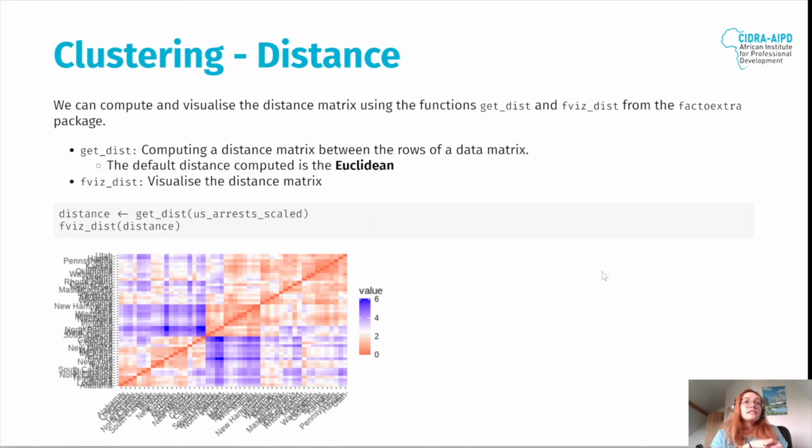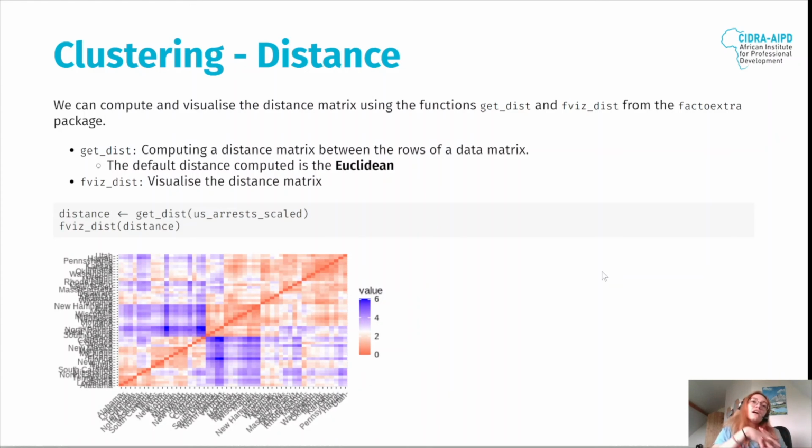We can do a distance matrix. We can visualize that by using the functions get_dist and fviz_dist from factoextra. Factoextra is a package that helps us with the visualization side of things. With get_dist, you can compute the distance matrix between the rows. And we are going to use Euclidean. That's the default.